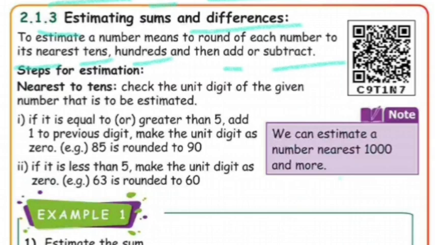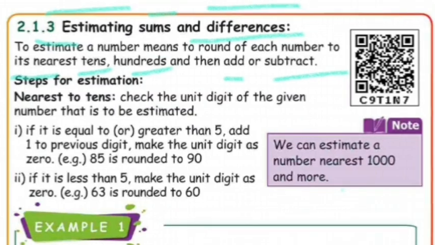How to find the nearest hundreds or tens? For the nearest tens, check the unit digit of the given number that is to be estimated. We have to check which tens or hundred the given number is nearest to.